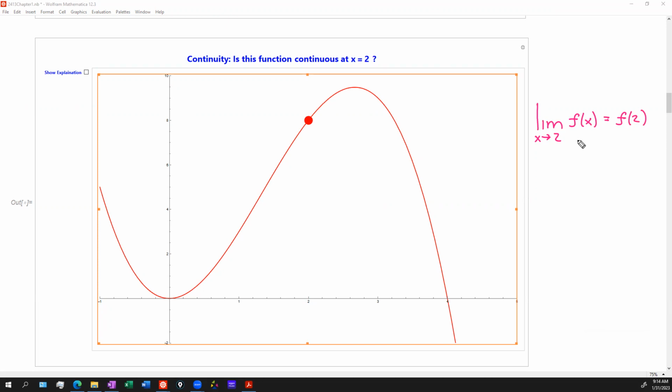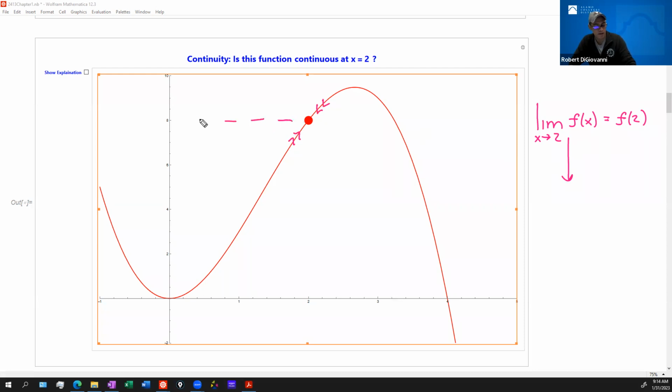So what is the limit? 8, right? Same thing. It's approaching 8. But that's what the function is actually defined to be there as well. It's defined to be 8 there. So they come together to a point, and that's what continuity at a point is.